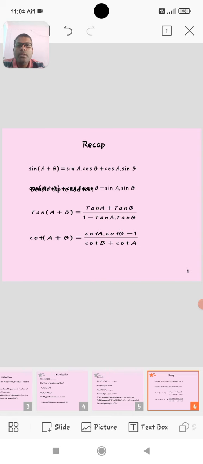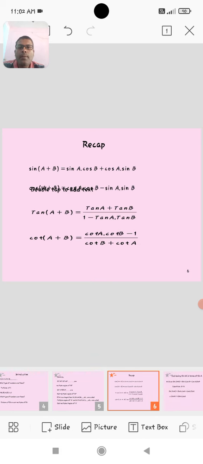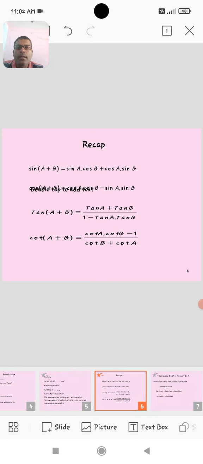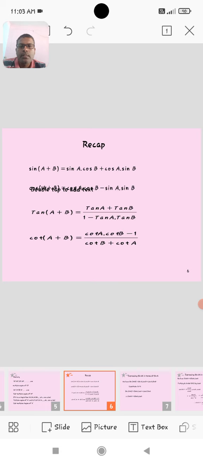The tan of A plus B formula: tan A plus tan B divided by 1 minus tan A into tan B. The cot of A plus B formula: cot A cot B minus 1 divided by cot B plus cot A.